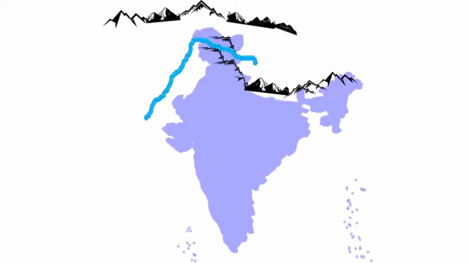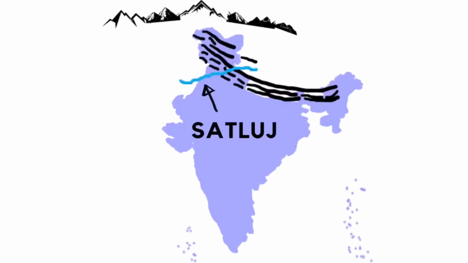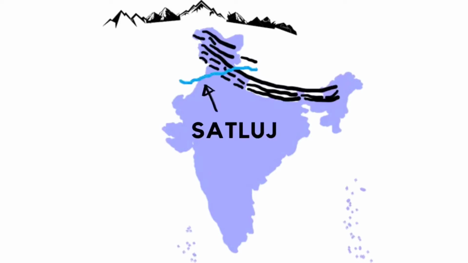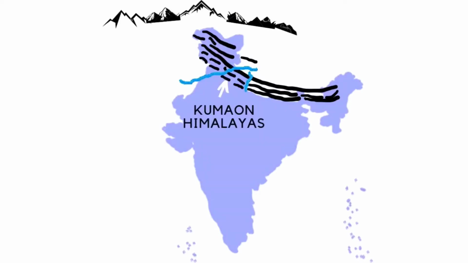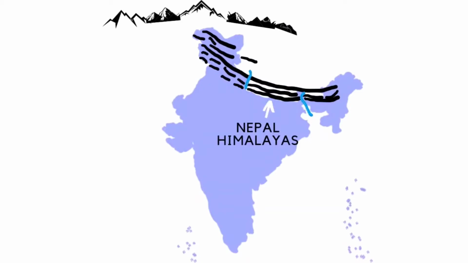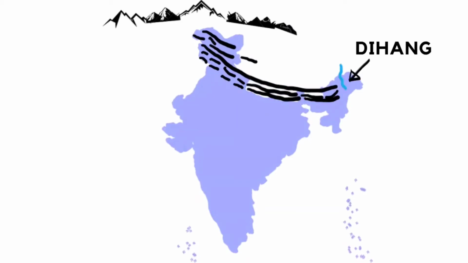Okay, and then some rivers like Sutlej originated in the Himalayas and go to Punjab Himalayas. So Kumaon Himalayas: Kali, Teesta. These are all the rivers in the Nepal Himalayas.